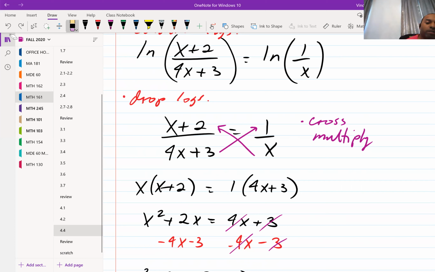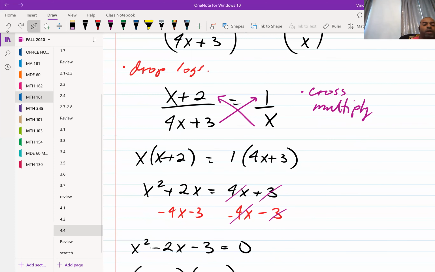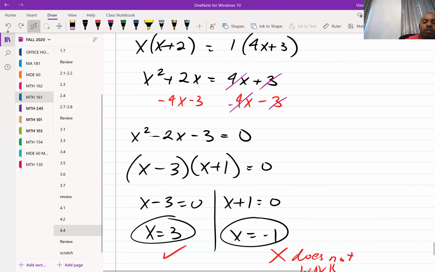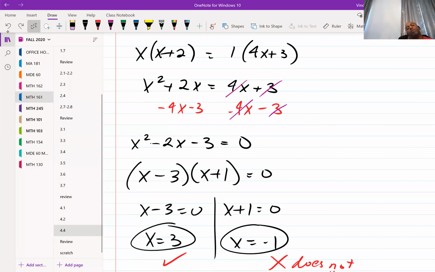So I'm going to subtract 4x and subtract 3 from both sides, so that I will have x squared minus 2x minus 3 equal to 0. All right, solve the quadratic equation. I ended up factoring, giving me x equal to 3, x equal to negative 1 for my solutions.